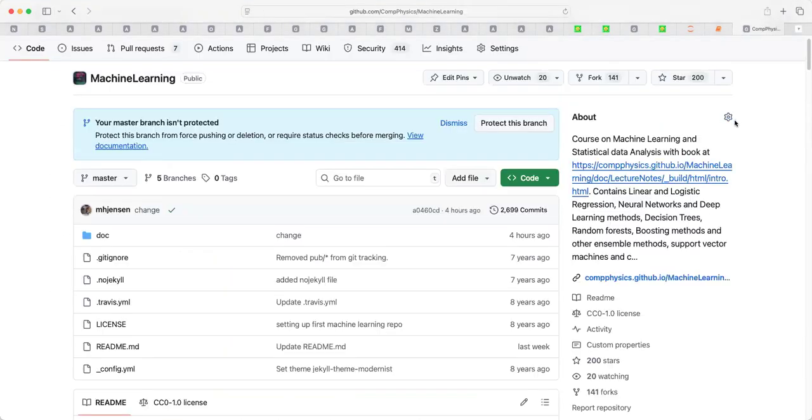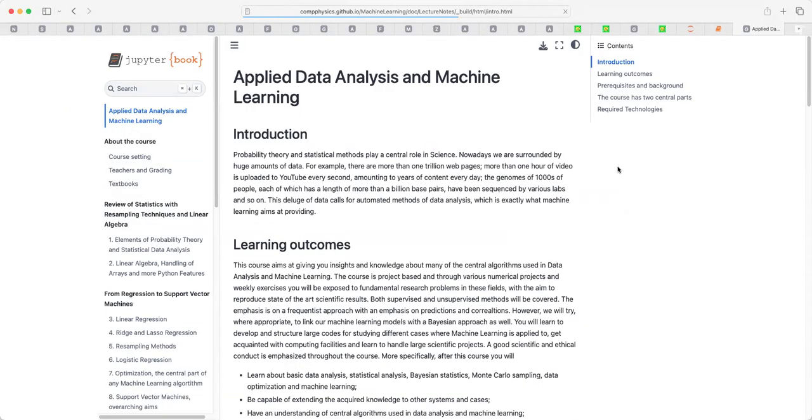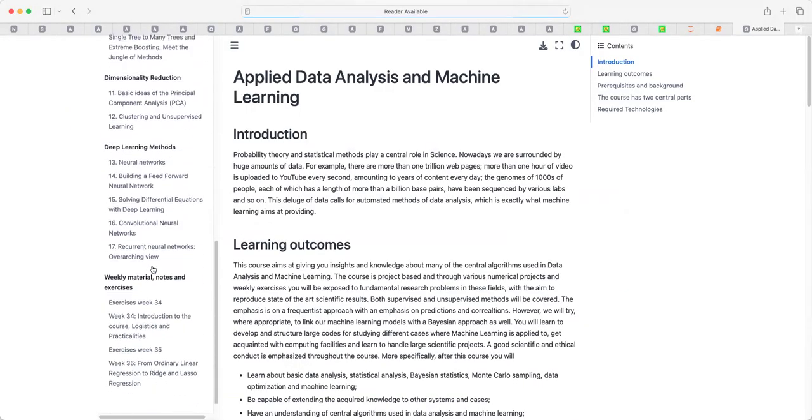Also to remind you where you find all the information. So we have a GitHub site, and feel free to download everything and use it as you want. And if you want to go directly to the plans for this specific week, you have at the bottom here on the left part of the window the weekly slides and the exercises.